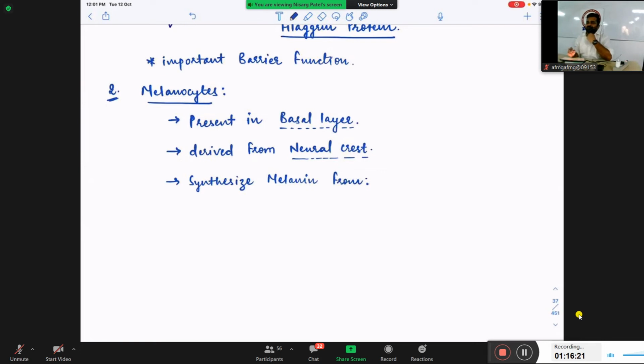Melanin is produced from which amino acid? Tyrosine. It is produced from tyrosine.